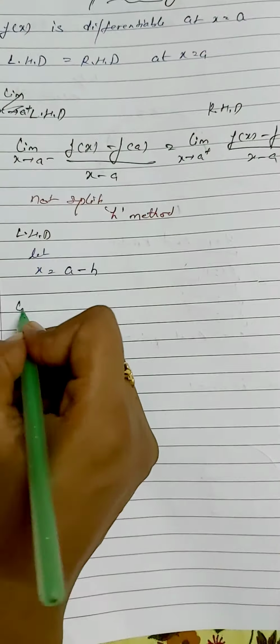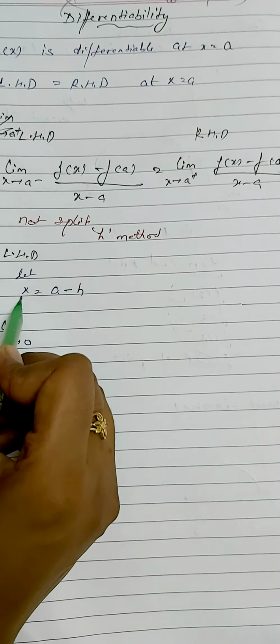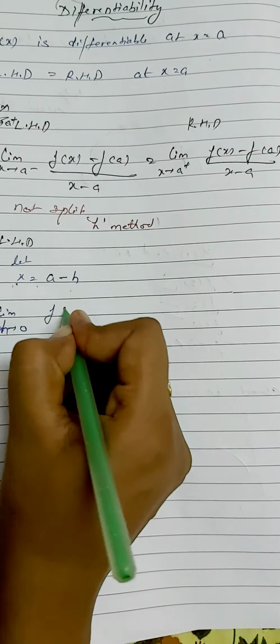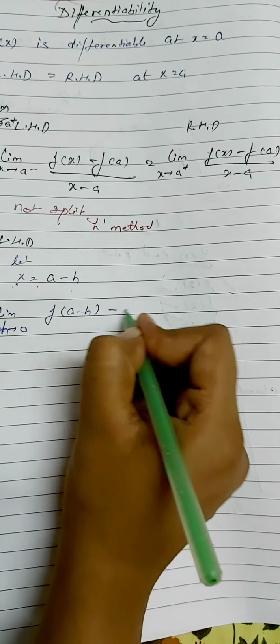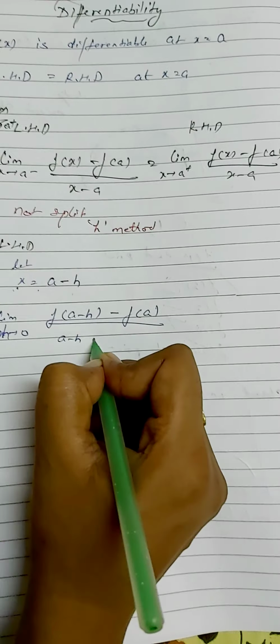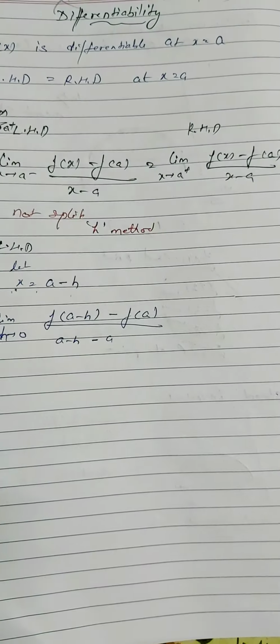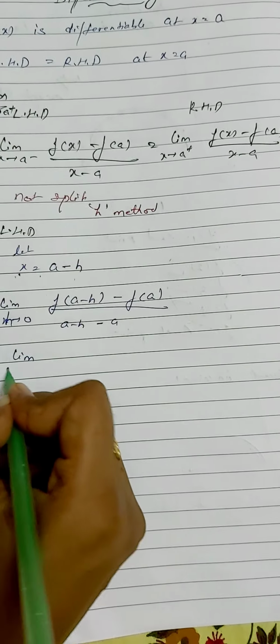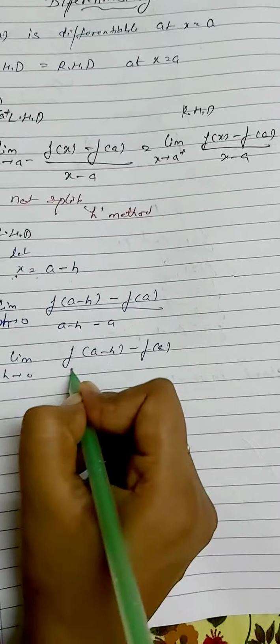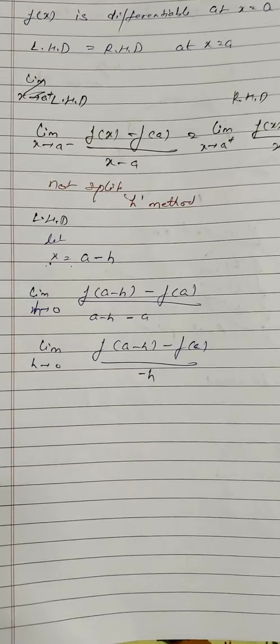Now we change our x to a minus h: limit h tends to 0 of (f(a minus h) minus f(a)) divided by ((a minus h) minus a). That means limit h tends to 0 of (f(a minus h) minus f(a)) divided by minus h.